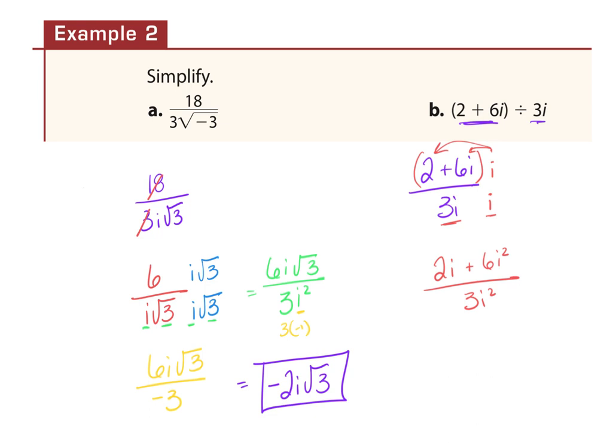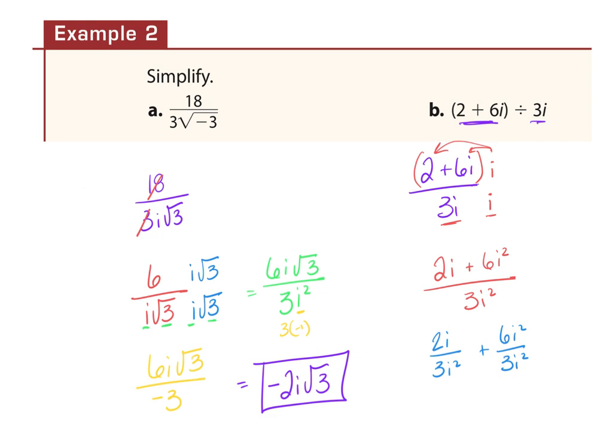All right. So I am going to simplify this piece. I'm going to say 2i over 3i squared plus 6i squared over 3i squared. All right. And remember, we don't want to cross out i's.